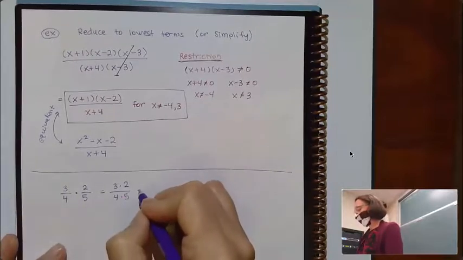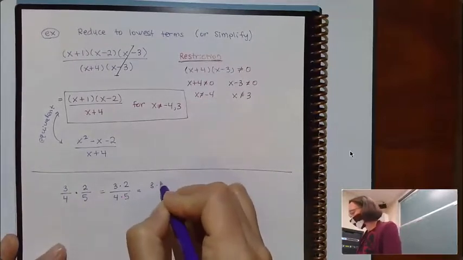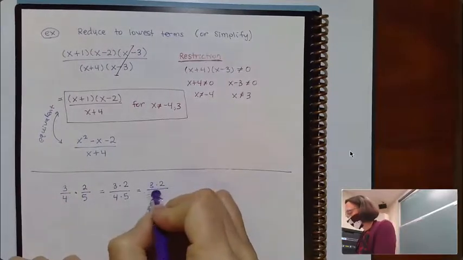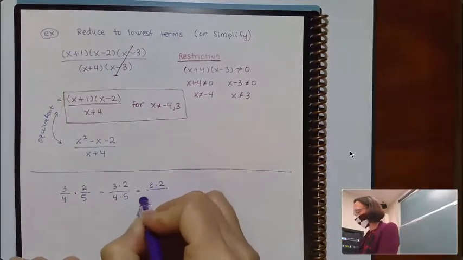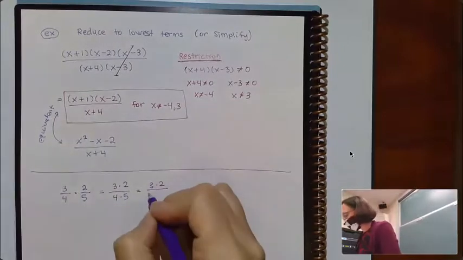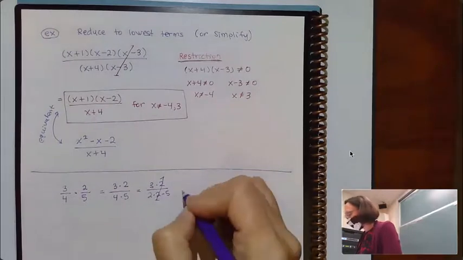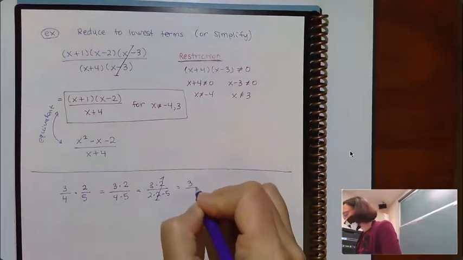And then I can break apart that 4 and say that 4 was actually 2 times 2. And then do my magic 1 thing and end up with 3/10.